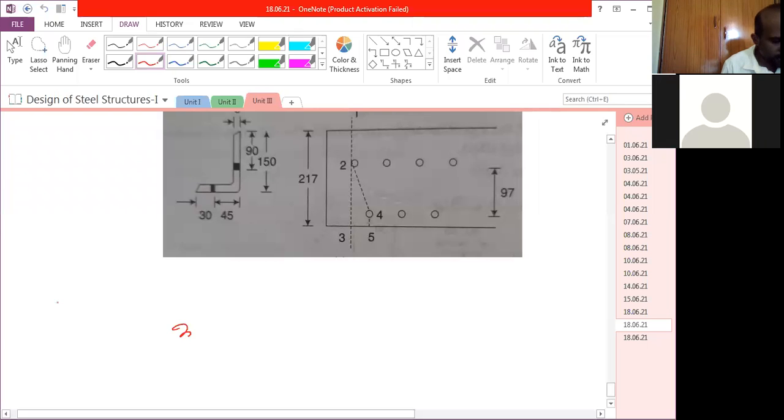Gross area of connected leg of main angle. Please make a note of it. First of all, we have to calculate it.